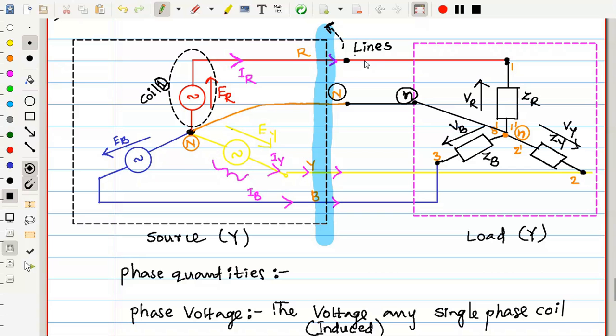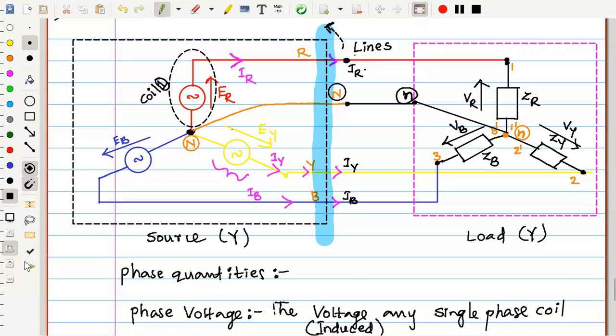What are the lines? R phase line, Y phase line, B phase line. So the currents are referred to as R phase line current, Y phase line current, B phase line current. Try to understand the terminology.